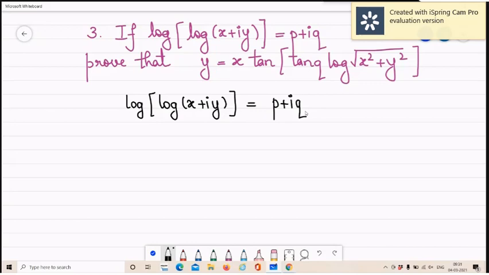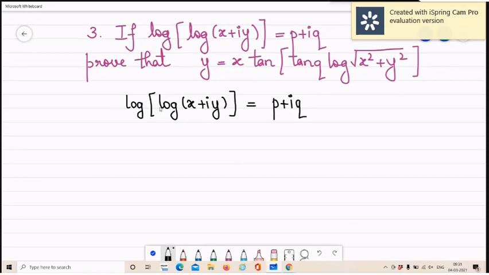So these are all particular standard questions that are asked in the exam. Try to understand the approach of the sum. Now see, the proof: y equal to x, tan is coming, and this is the angle of tan. Tan q is log of under root of x square plus y square. Is that clear?